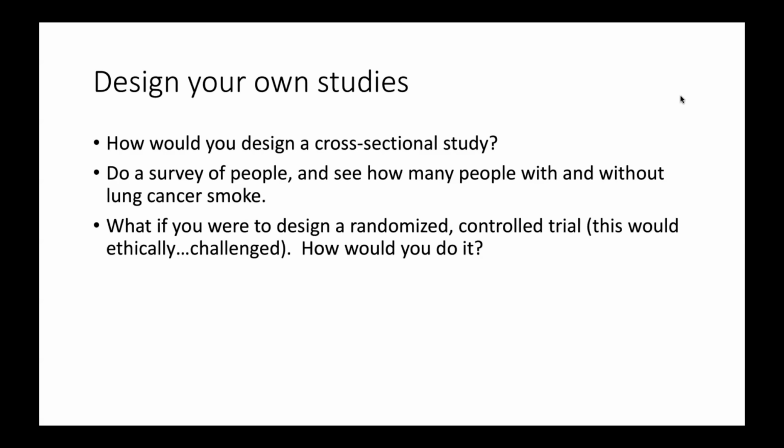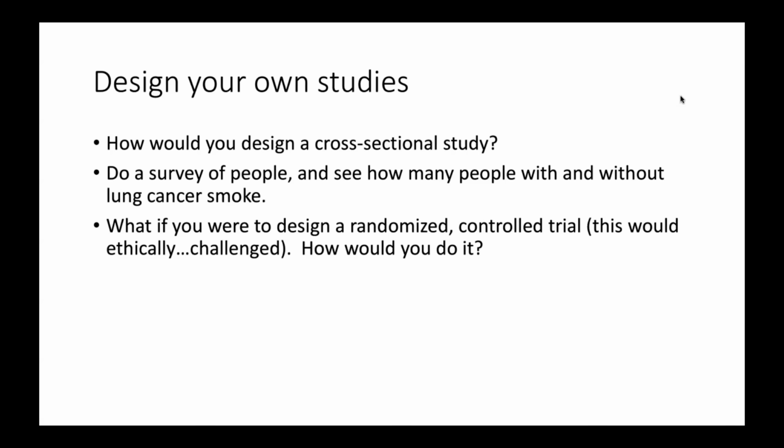So you would take, let's say, 100 people, then you would randomly assign 50 to smoke and 50 not to smoke, and then you would follow them prospectively and see how many people develop lung cancer. Yeah, exactly.